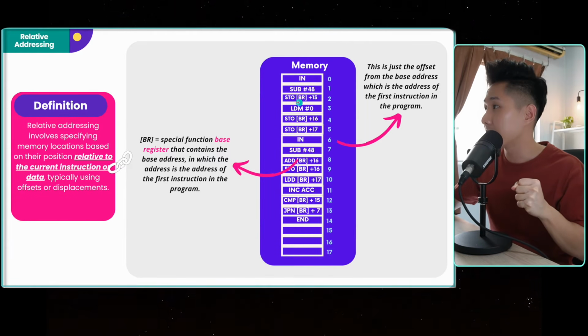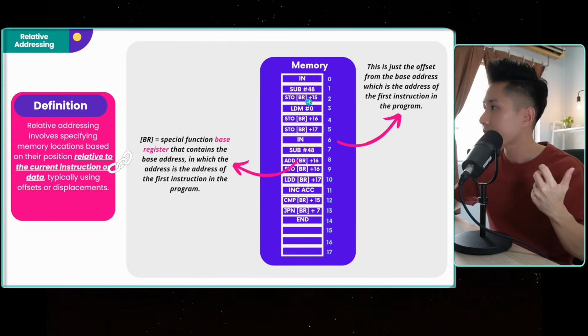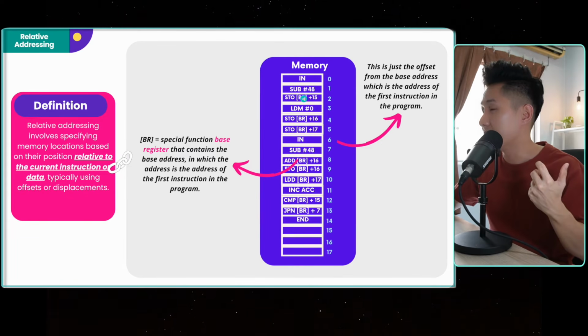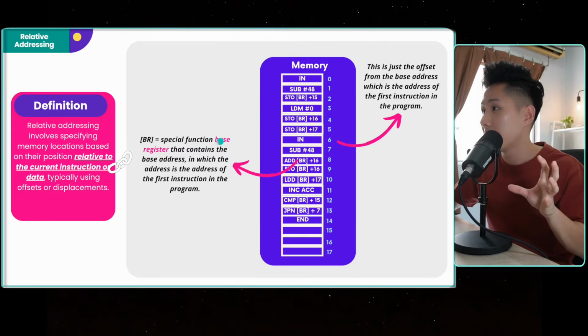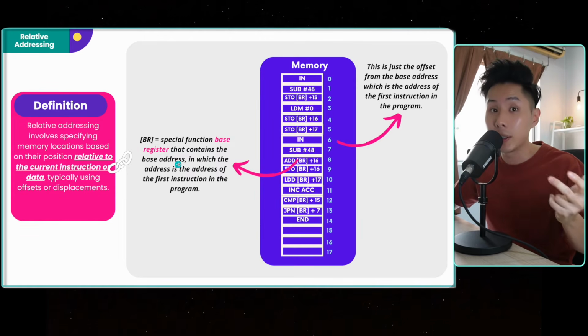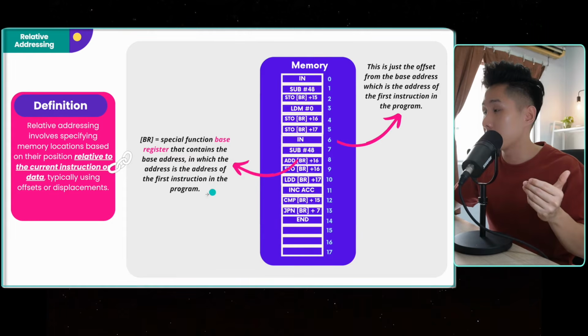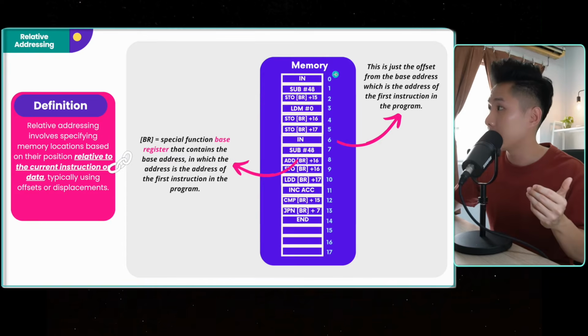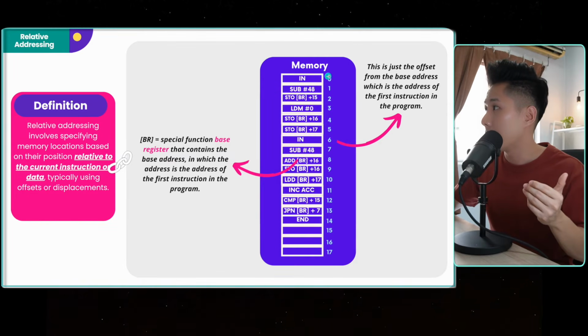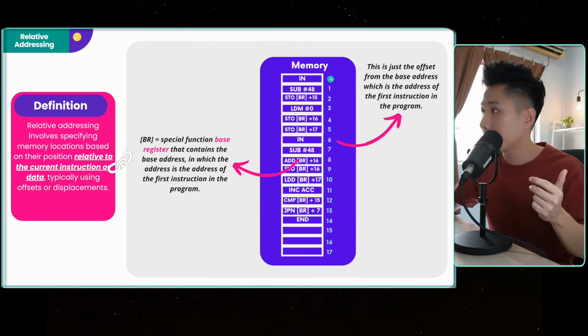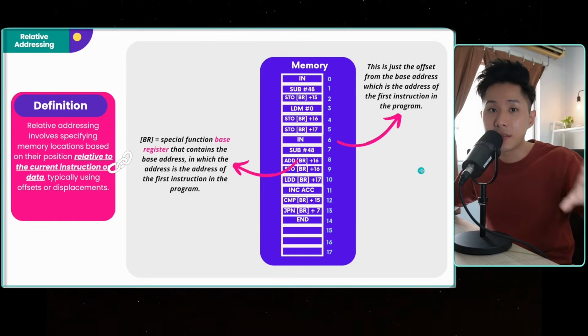So if you can see here, instead of storing at 215, they have a BR here. BR stands for base register. It contains the base address, for example, it could be 200, in which the address is the address of the first instruction in the program. So if you are writing BR plus 15, essentially they are saying, I want this value to be stored at whatever location I'm starting at plus 15, which is over here. So this is what we call relative addressing.